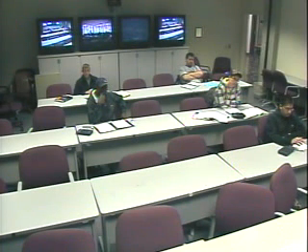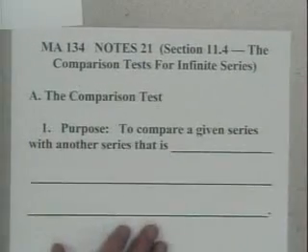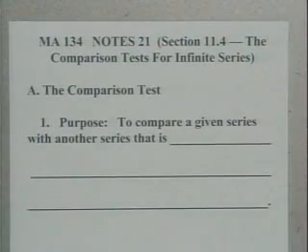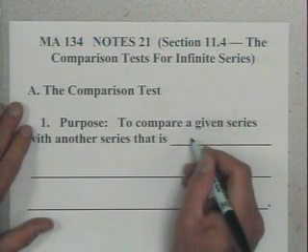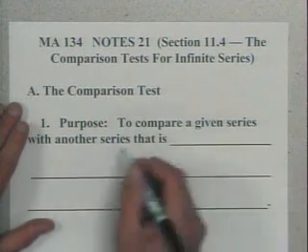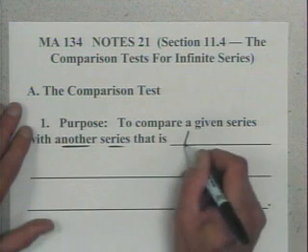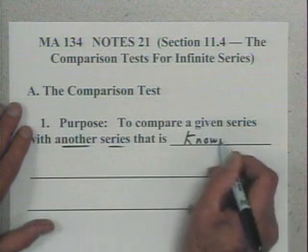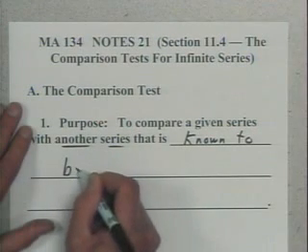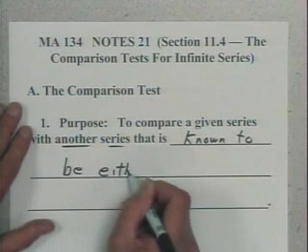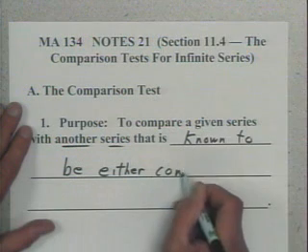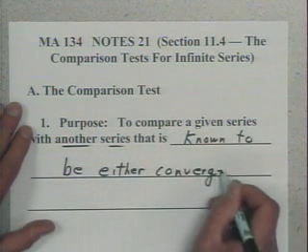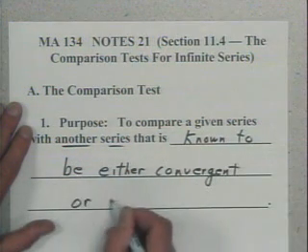Okay, here it is. Purpose. The purpose is to determine convergence or divergence by comparing the series you know nothing about to another series that is known to be either convergent or divergent.